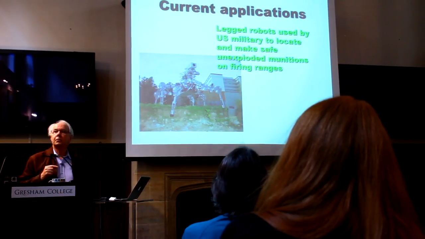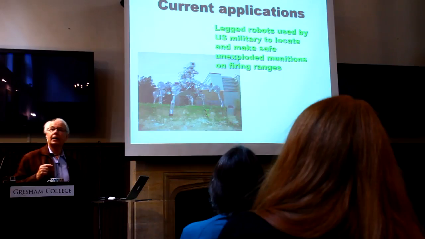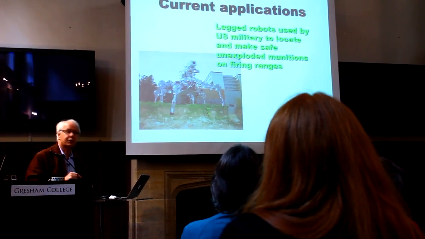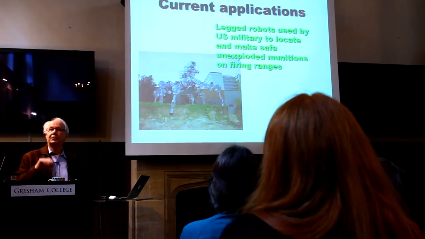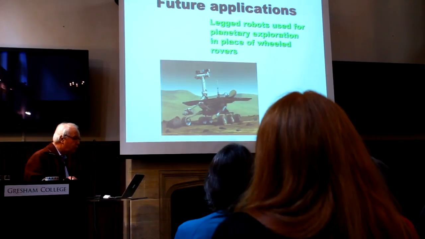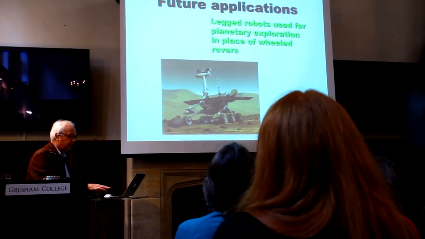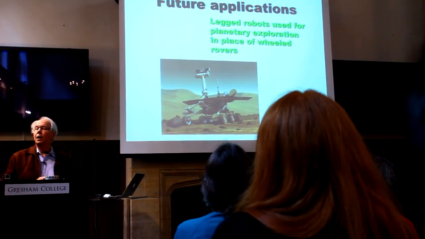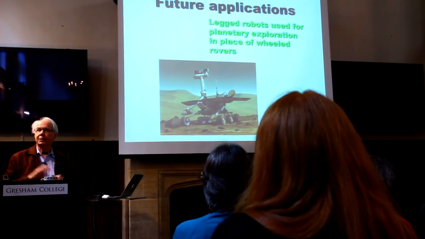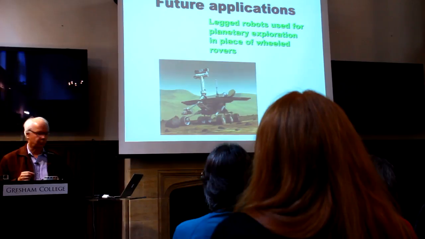Or you can look at robots with legs. How can you make them work? Very useful to the US military who want to defuse bombs on firing ranges and things like that. Or you can use them to explore planets. We just landed another wheeled robot on Mars, but that's because the engineers really understand wheels.